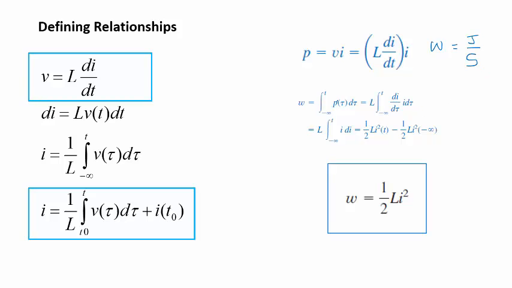And then if you integrate the power, the instantaneous power at any given instant in time, over a total time period, you will get energy in the end. So energy, and its units will be in joules.